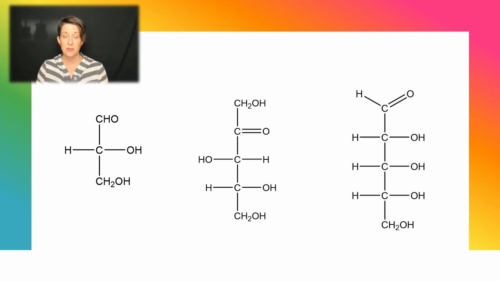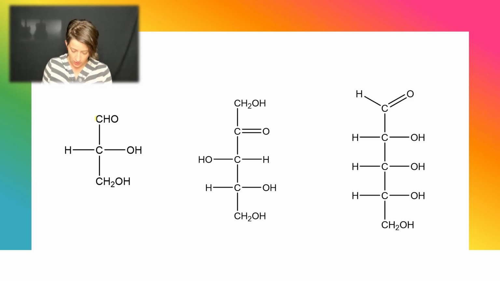How do we interpret a monosaccharide structure? Starting with our first monosaccharide. Here we have the CHO. Remember that a CHO is also representative of an aldehyde, where it's going to have that carbonyl bonded to the hydrogen.